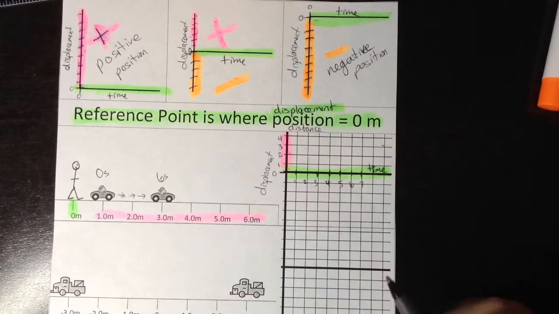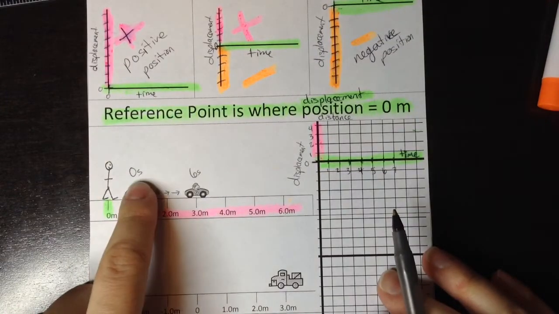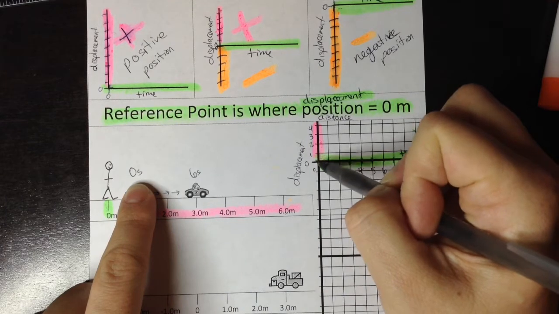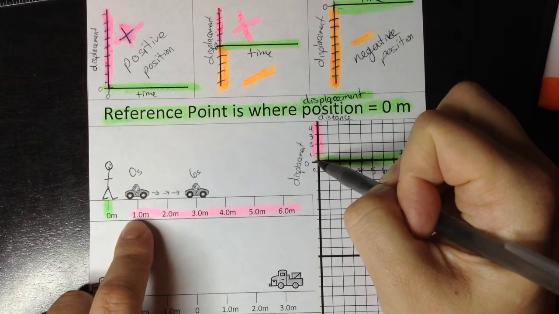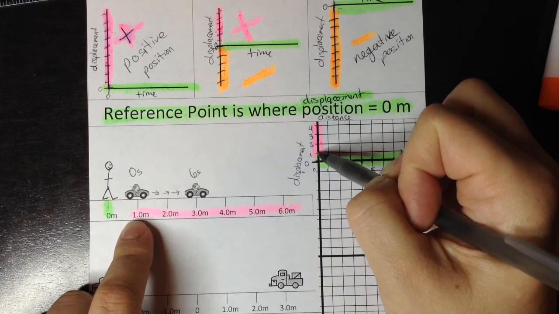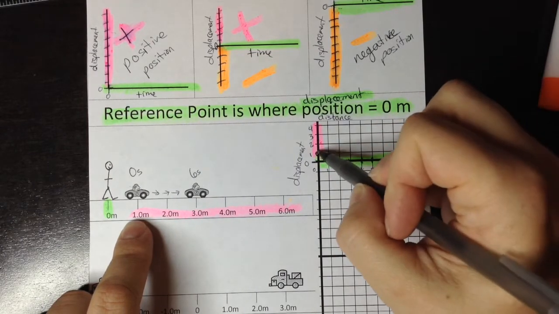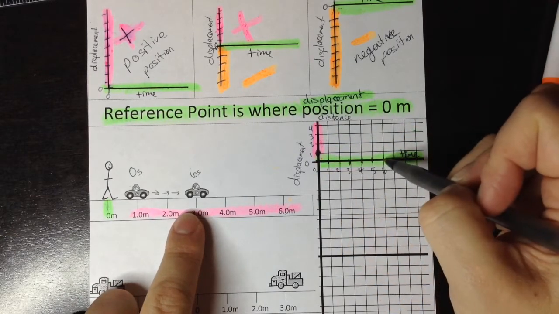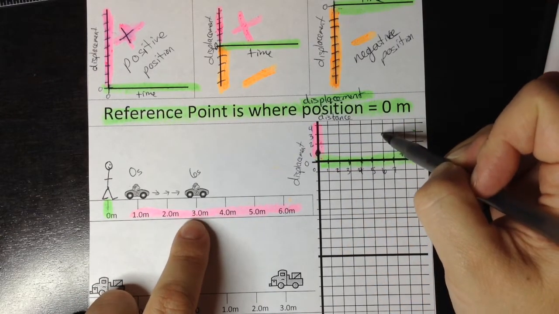Now let's graph this. Well, at a time of 0 seconds, so 0 seconds is actually right here, the car has a position of 1 meter, so right there. 0 seconds, 1 meter, that is the first point. 6 seconds later, 1, 2, 3, 4, 5, 6 seconds later, he's now at 3 meters.